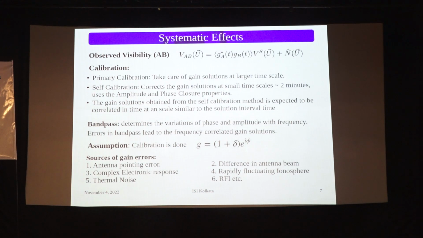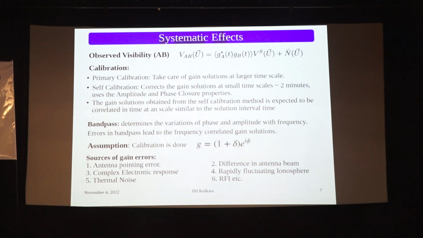Now coming to the systematic effects which we have in the observation. The visibility measured by antenna pair AB, as I have discussed earlier, is given in this way. To correct for these antenna based complex gains, we use various calibration procedures like primary calibration and self calibration, and to correct the frequency response of the gains, we use bandpass calibration as well.